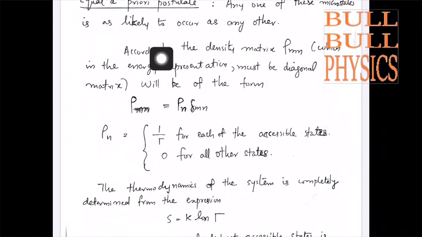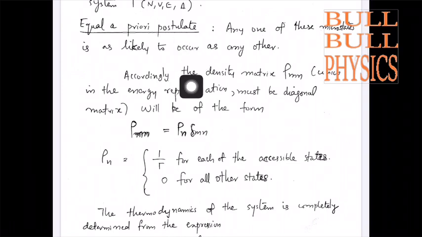And from the equal a priori postulate, it follows that rho n is 1 by gamma. This rho n is actually the probability for the system to be in state phi n.